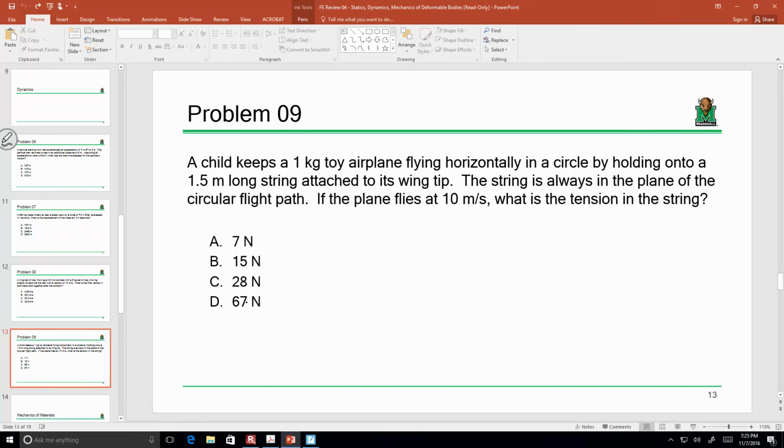All right. We've got a child keeping a 1 kilogram toy flying horizontally by holding it on a string, going like that. The string is always in the plane of the circular flight path. If the plane flies at a speed of 10 meters per second, what is the tension in the string?